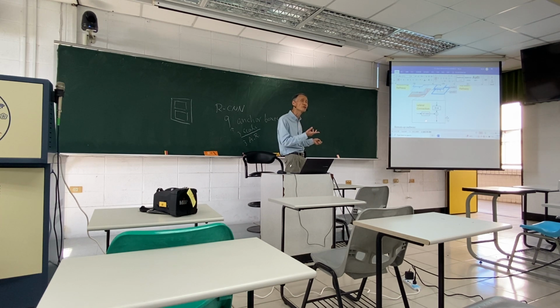You know what the purpose of the 1-by-1 is? The only purpose is to reduce the number of channels, the depth of the feature map. Now you can do the lateral connection, which means the input will have the same size as after you upscale by 2.